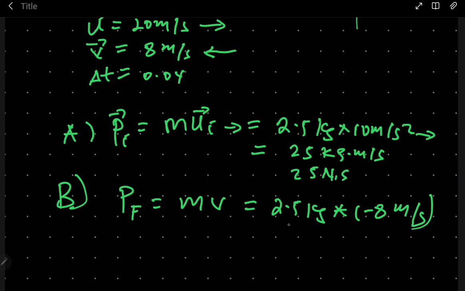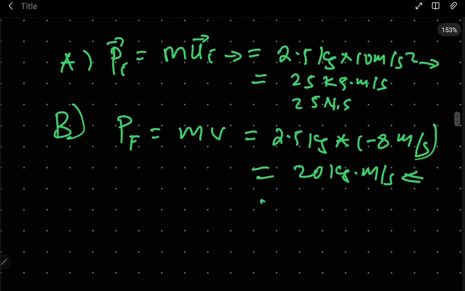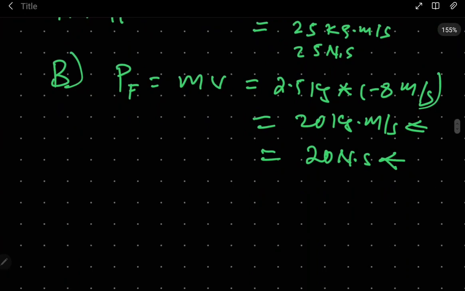So this gives you 20 kilogram meter per second in that direction, or it is 20 Newton second towards the negative x-axis direction. This is the final momentum.